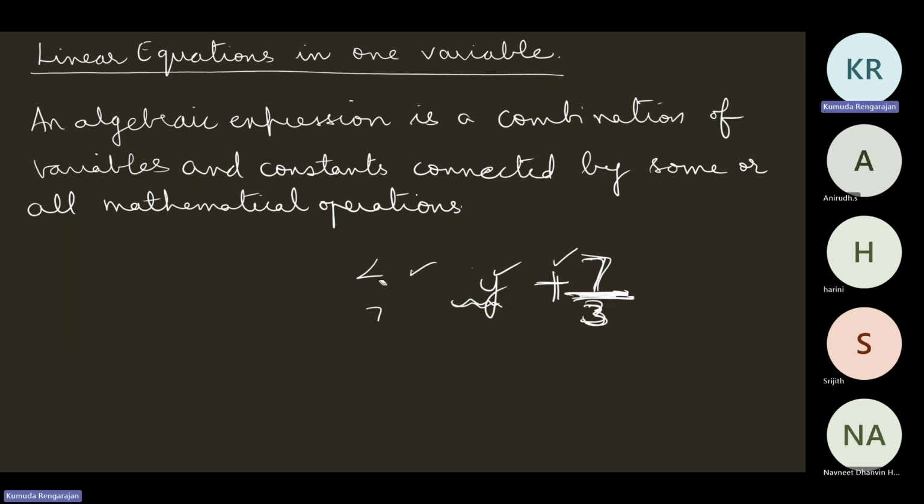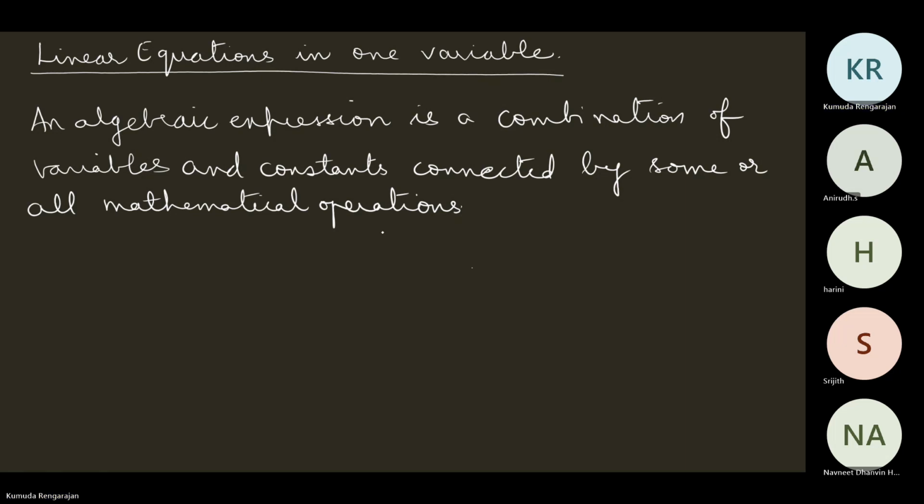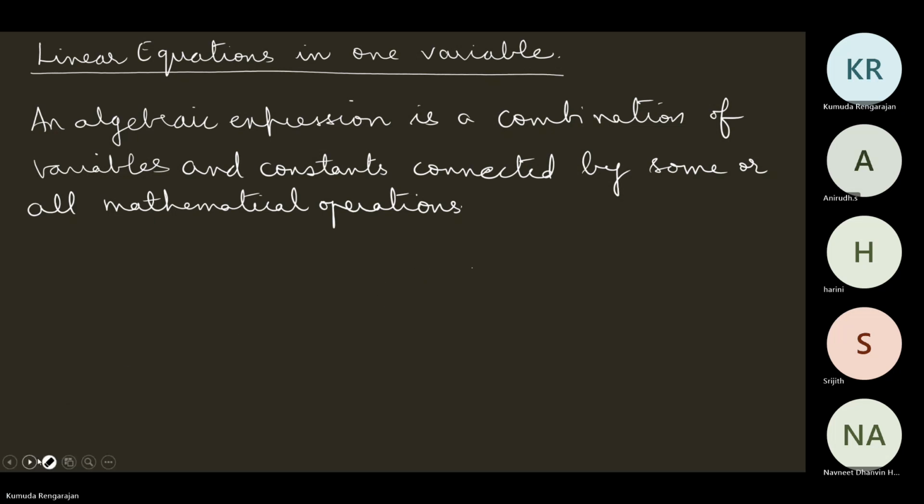But for class 8, we are going to study expressions and equations in only one variable, x, y, or z. The variable can be any small letter from A to Z. We normally use variables as small letters, any letter from A to Z in lowercase.